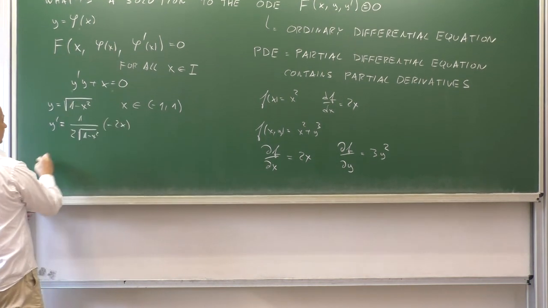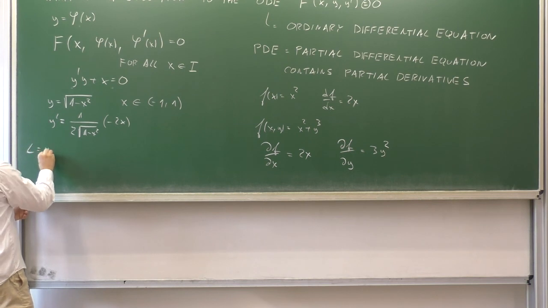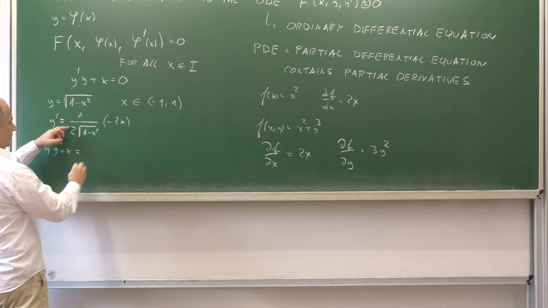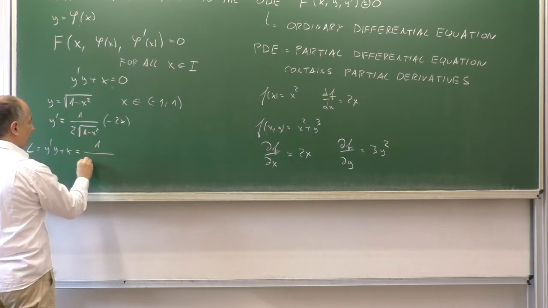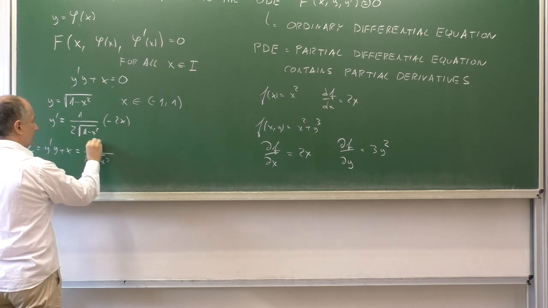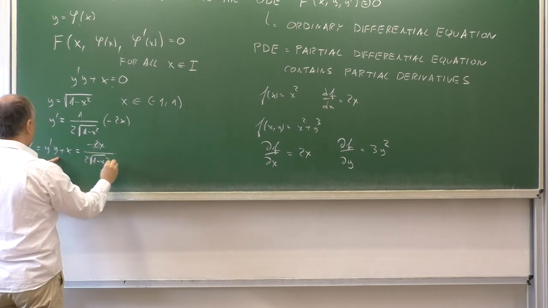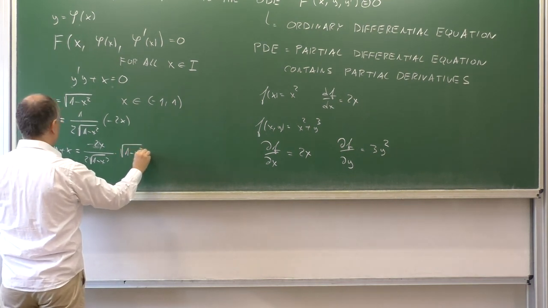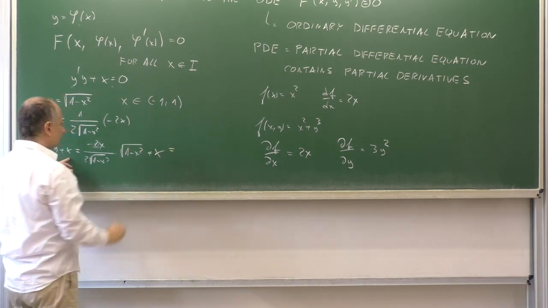So on the left, we have y derivative times y plus x. Y derivative is 1/2 over the square root of 1 minus x squared times -2x, times y, which is the square root, plus x.